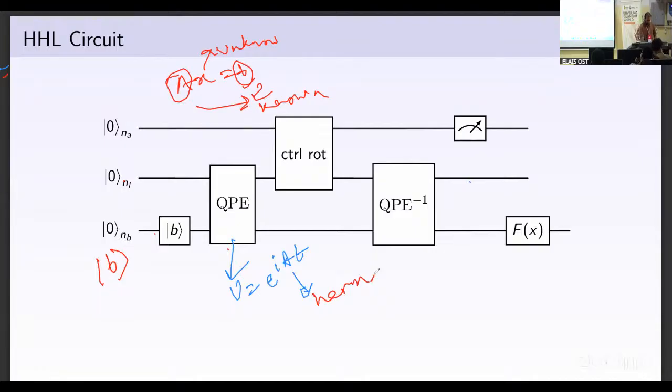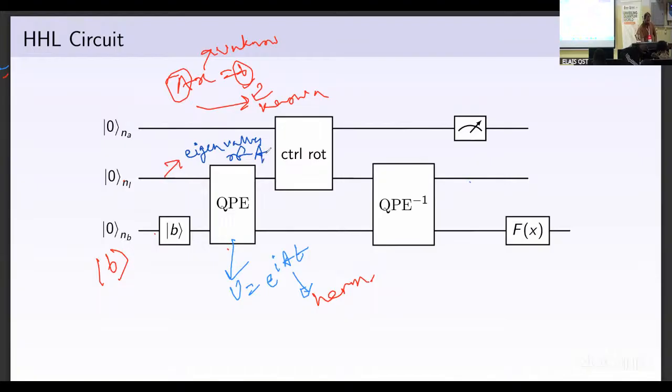So what it does, it finds the eigenvalues of A. So in these registers, we have the eigenvalues of A.